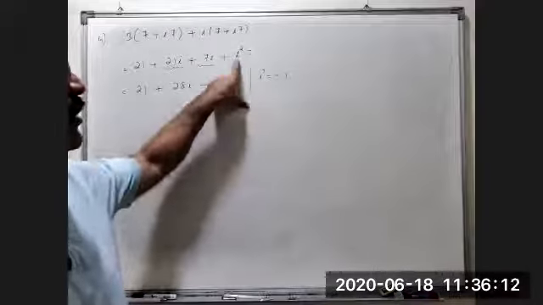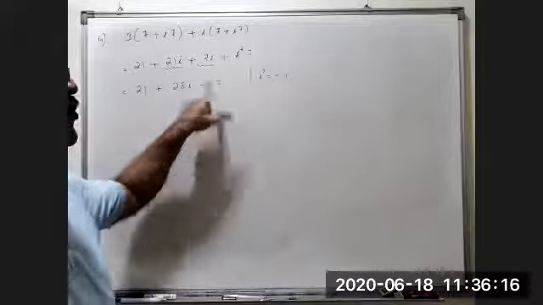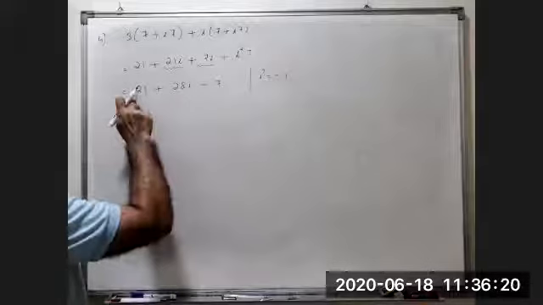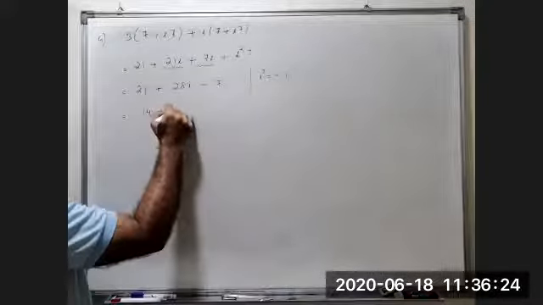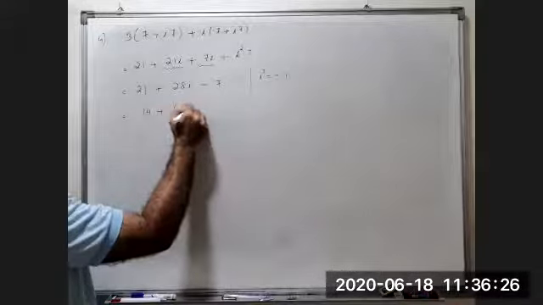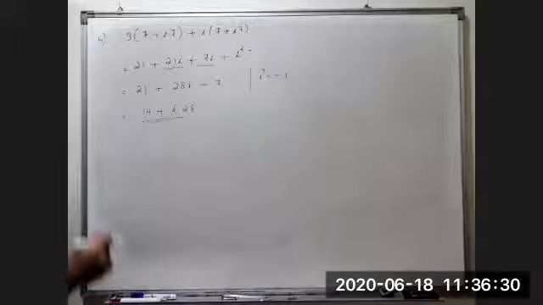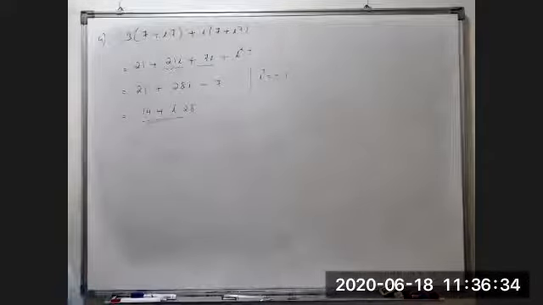Now, real part first. 21 minus 7 is 14, plus I into 28. That's it. Whether you write 28I or I into 28 doesn't make a difference. Both ways are fine.